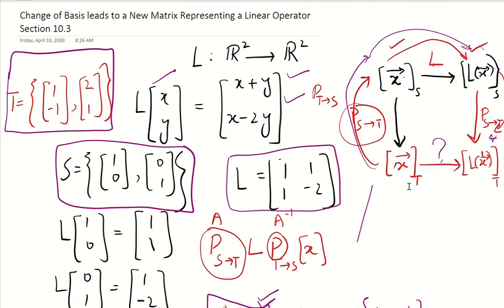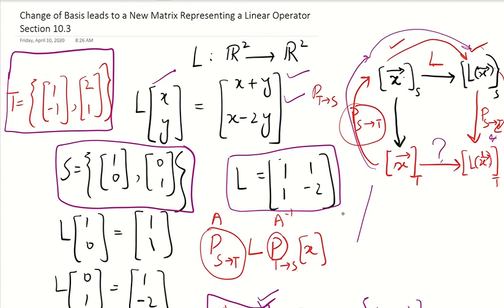In this way, I can go from this space to this space. Now what does going from here to here mean? It means that I have to find the change of basis matrix from T space to S space.